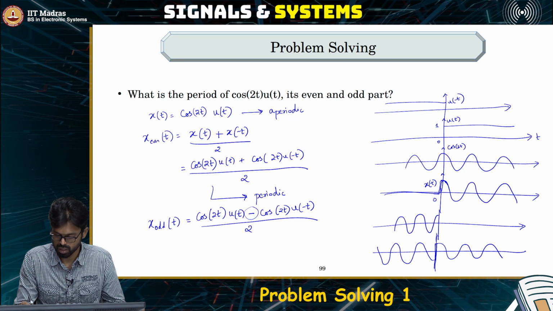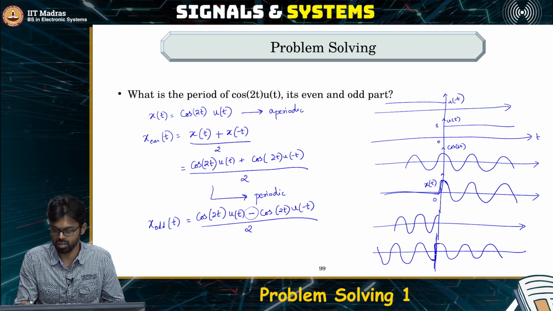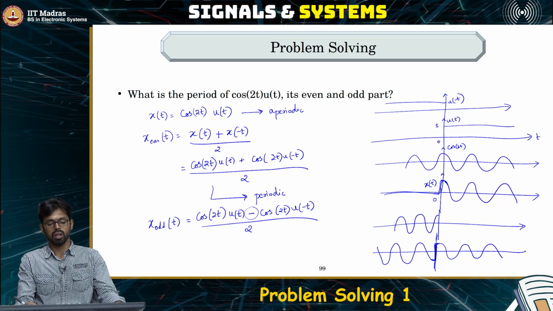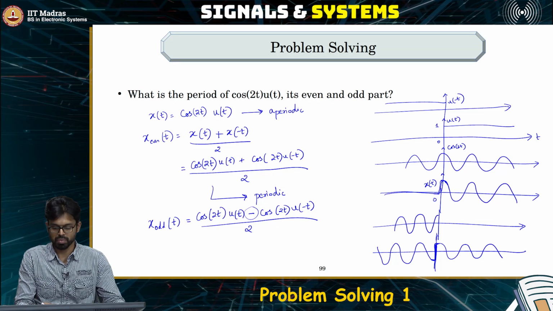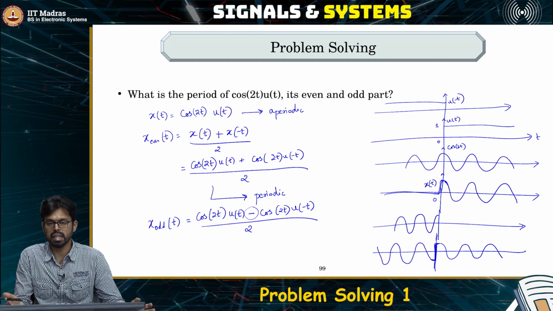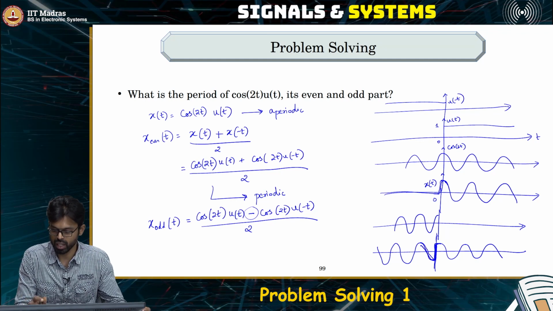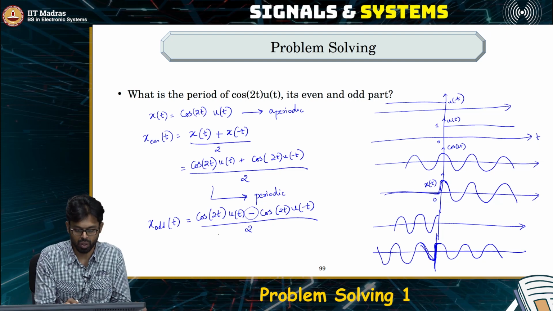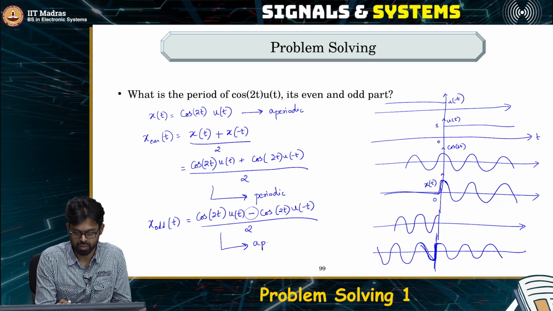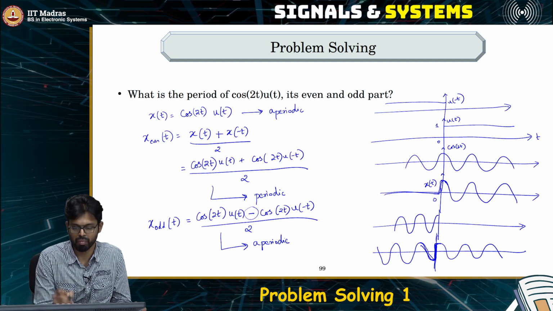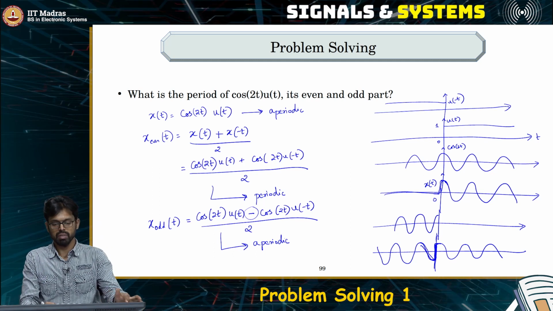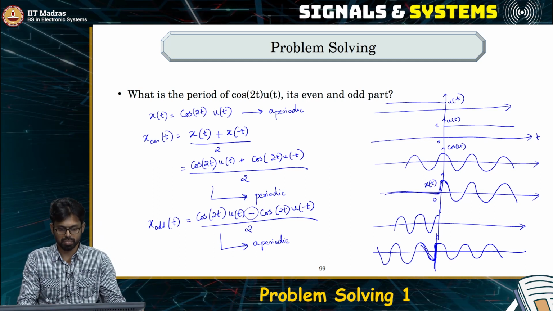So, there is a sudden change in symmetry here. So, this is the odd portion. Is this periodic? Clearly, it is not periodic because this portion is not a full cycle. You cannot get this in any other portion. So, this is aperiodic. The odd portion is aperiodic, okay, but the even portion is periodic.